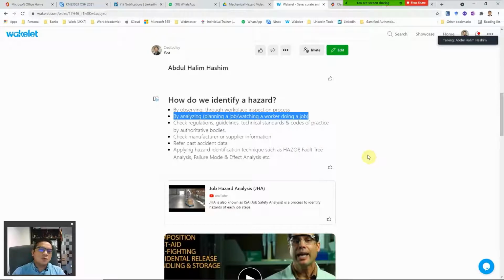Don't go overboard by identifying a very complex job that requires like 50 steps. So that is going to be difficult. So the job that you're going to analyze is usually a simple job that consists of 5 to 7 steps. And then for every step, you have to look at what are the hazards that can exist from each of the steps. Try to identify what can be done to control the hazard.